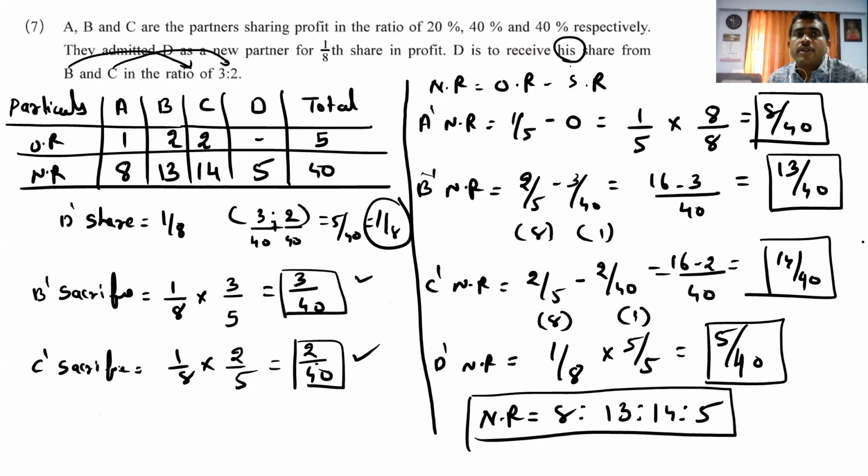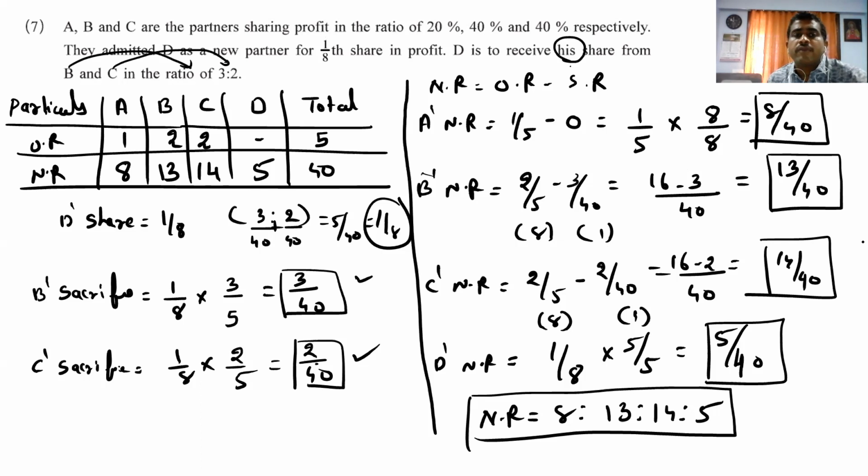So, particulars A, B, C, D and total. Old ratio 1:2:2, total 5. Then comes the D share, 1/8. And clearly they say that D is to receive his share from B and C in the ratio 3:2. So 1/8 into 3/5.